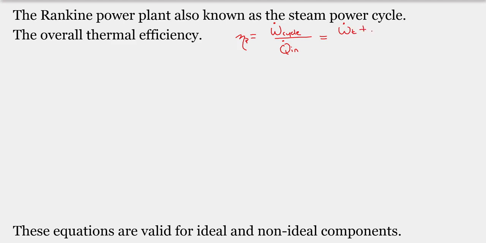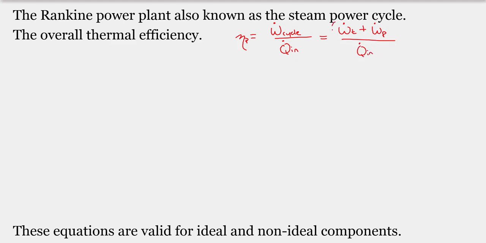I'm going to go ahead and put a positive sign here right now, and I'll explain that, plus the work required by the pump. The way we wrote our equations for the pump analysis, this number will be negative. So I don't want to put a negative sign here. Okay? And then we have the heat transfer in.